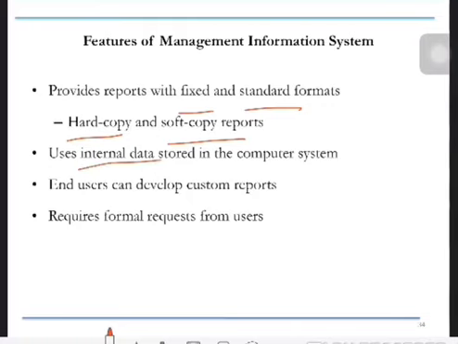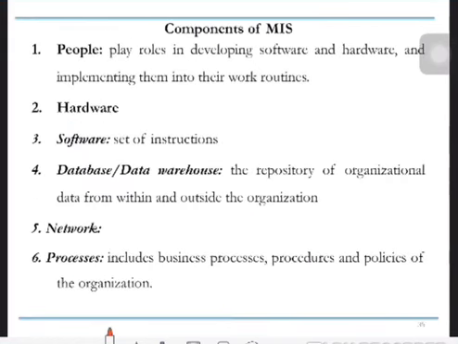End users, the people who finally use the system, can develop custom reports. It requires a formal request from users in order to use such information or management information system report. There should be a request from users, either external or internal. So these are some of the features of management information system.